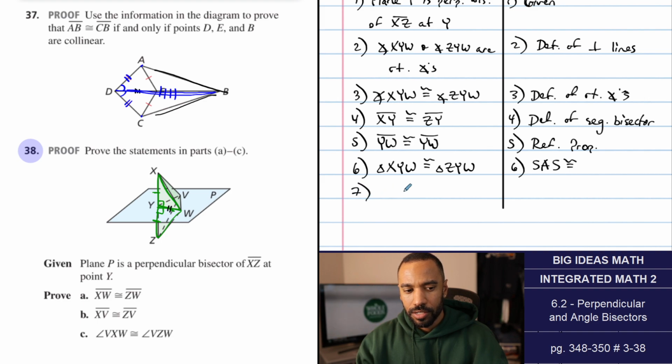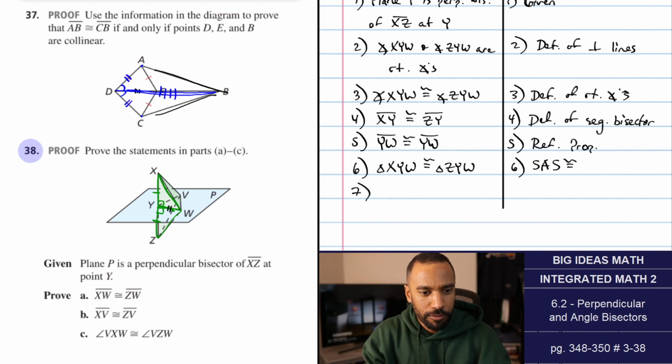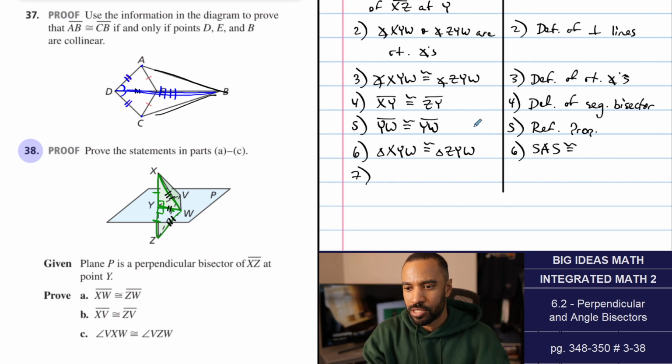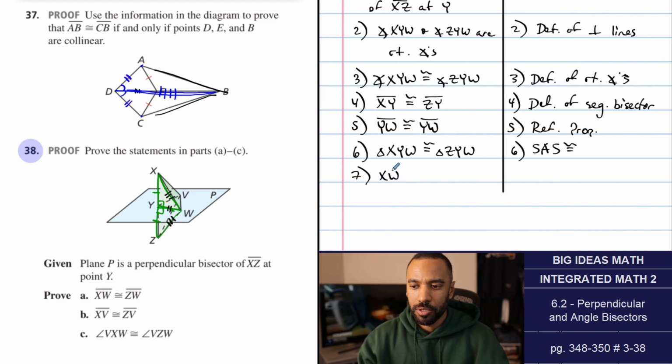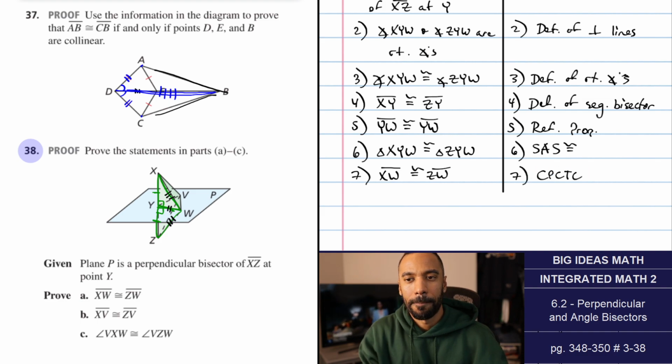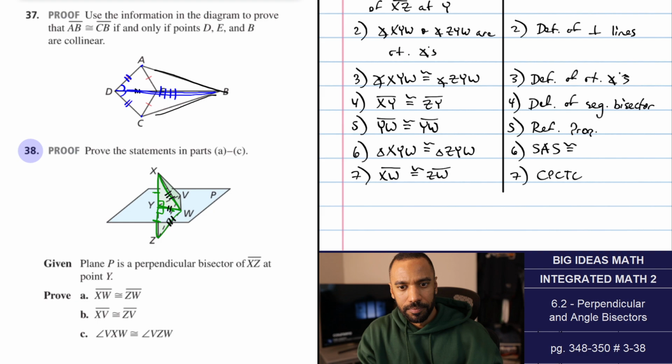And therefore, segment XW, what we're looking for, boom, is congruent to segment ZW by CPCTC. XW congruent to ZW by CPCTC. Okay. That is the first one that we covered.